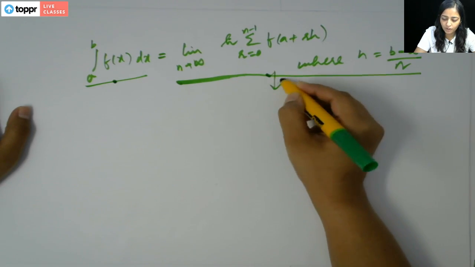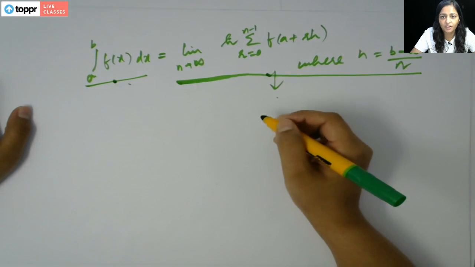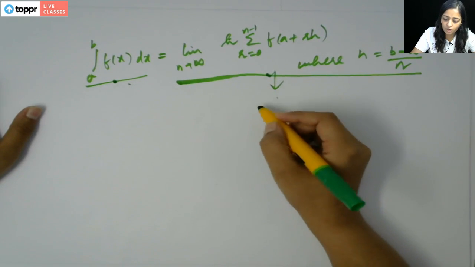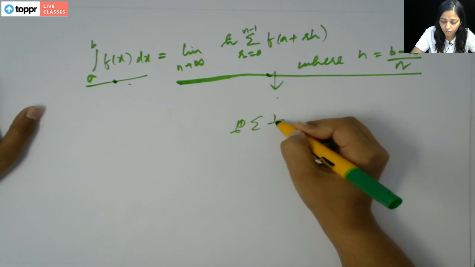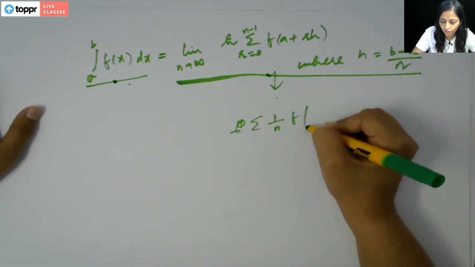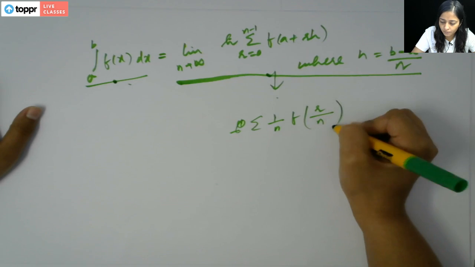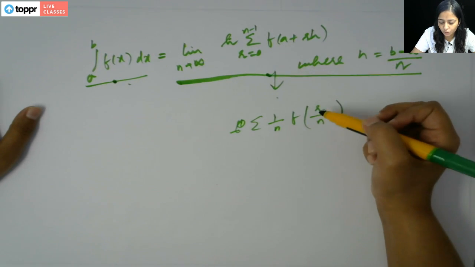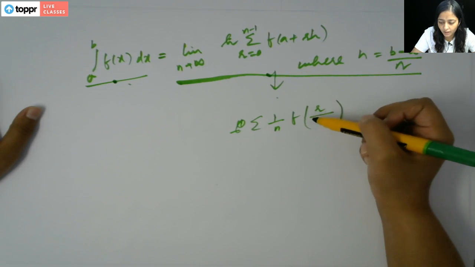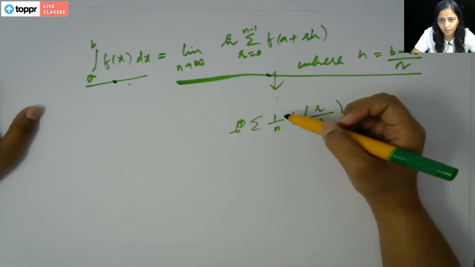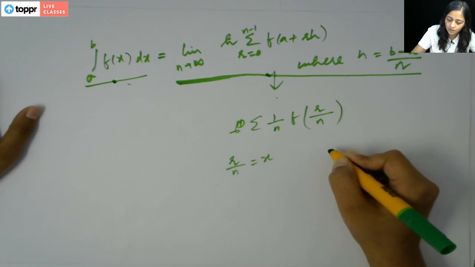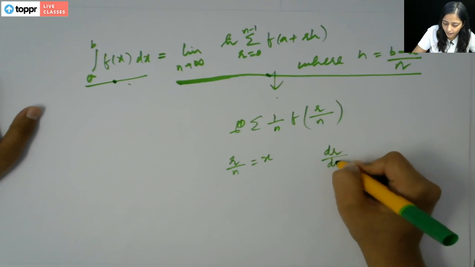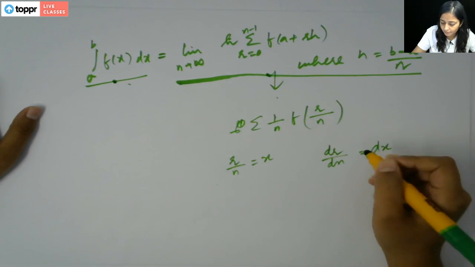Let me tell you how we convert this series into the form of a definite integral. First of all, we have to express the series in the form: summation of 1 by n f of r by n. So f of a plus rh has to be converted to f of r by n, and 1 by n. Then we take r by n as x, so we get dr by n as dx.